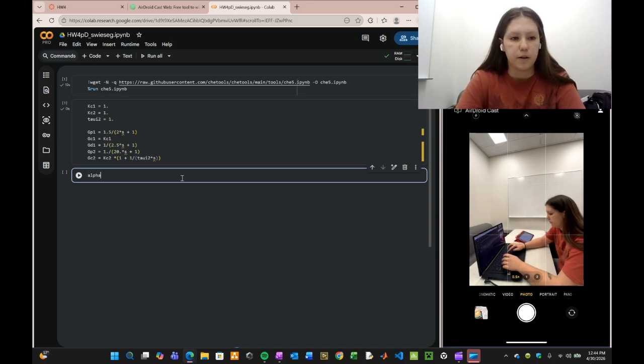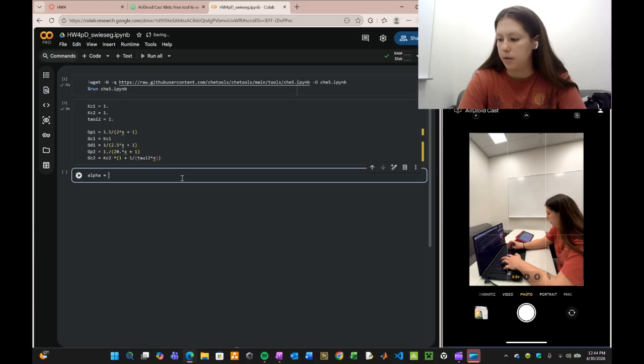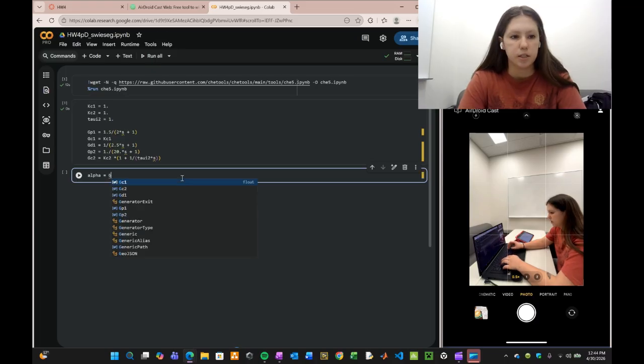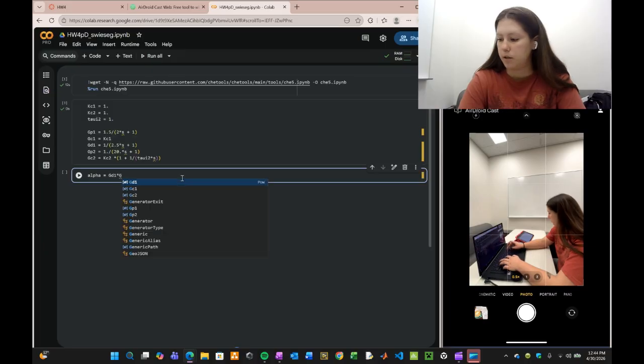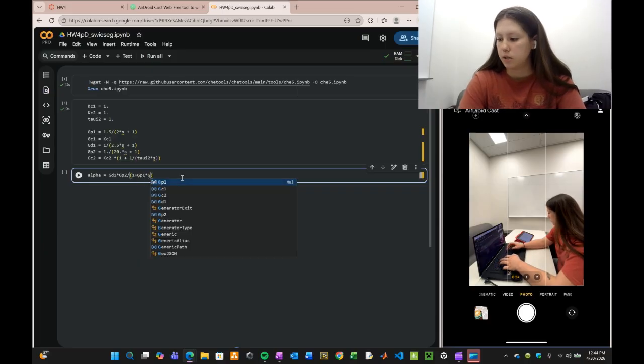So our alpha is equal to, I'm just looking at it on my iPad, GD1 times GP2 divided by 1 plus GP1 times GC1.